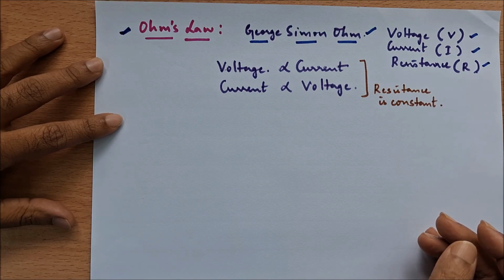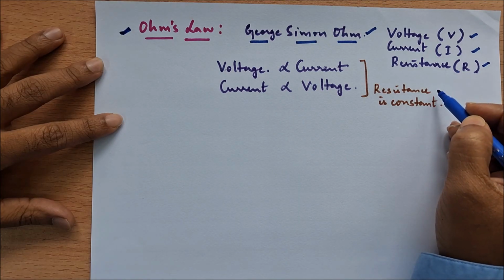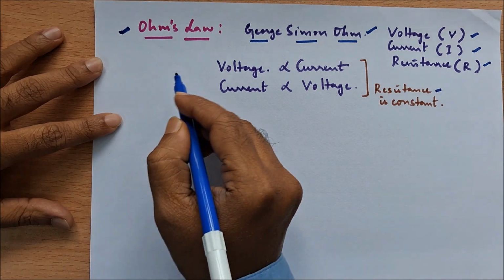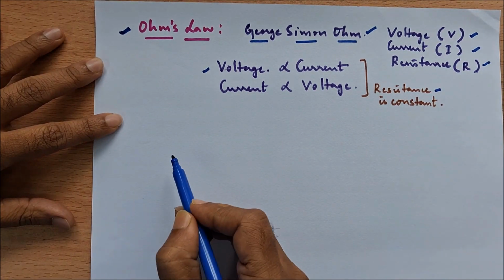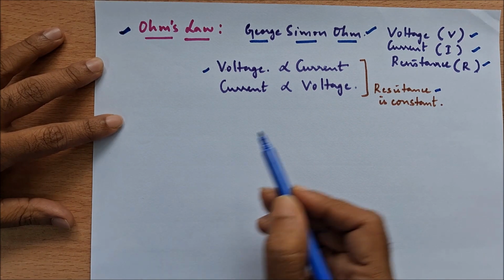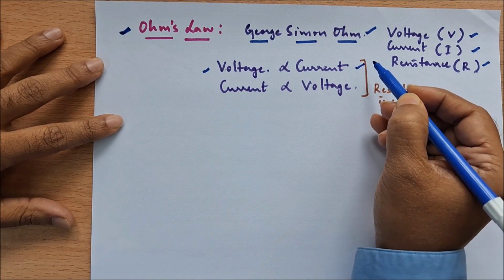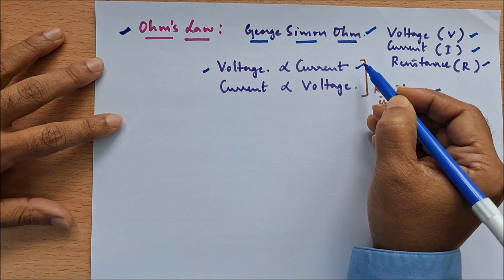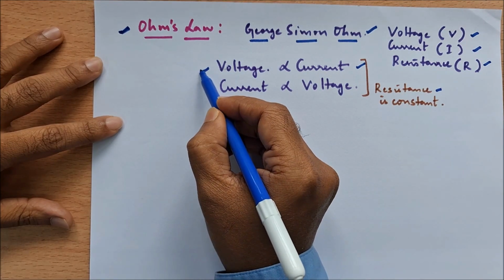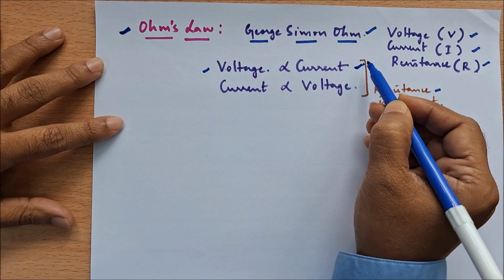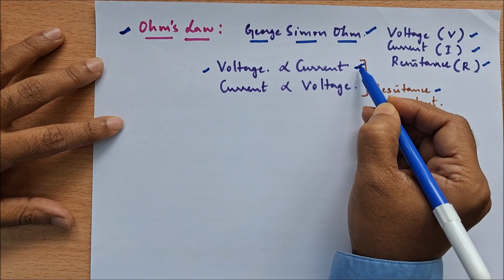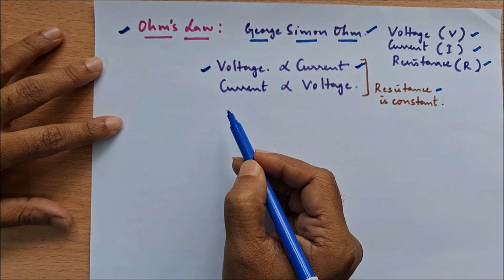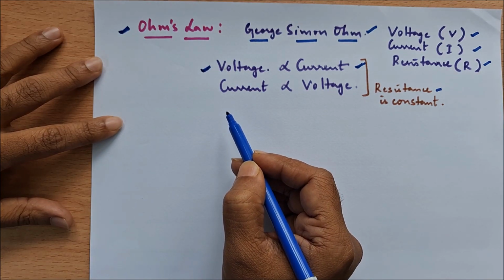He observed that when the resistance in a particular circuit is kept constant, the voltage applied and the current flowing through the circuit are directly proportional to each other. So we can say that the current flowing through an electrical circuit is directly and linearly proportional to the voltage applied.